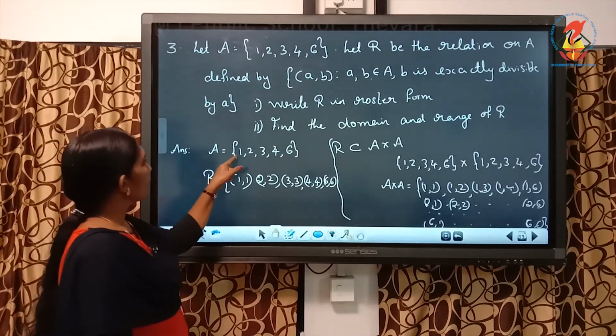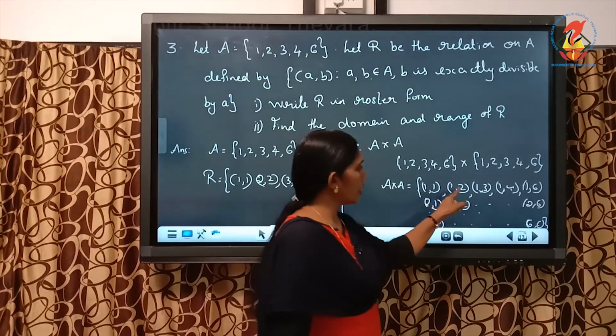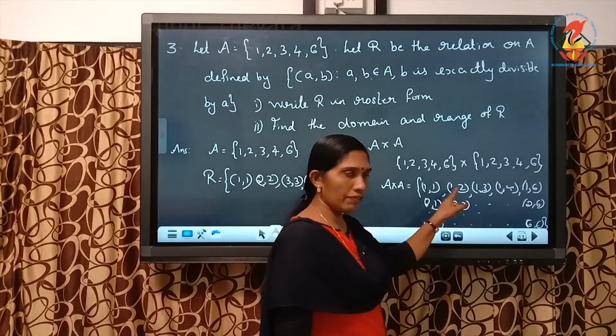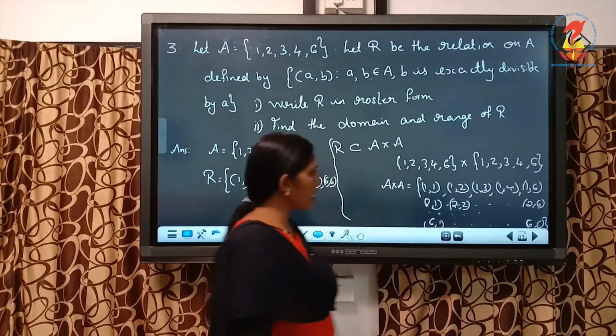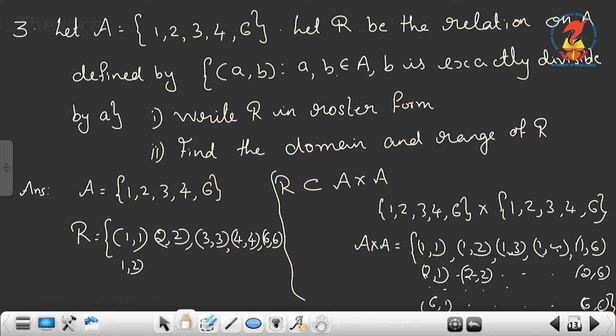Then I can write (1,2), since 2 is divisible by 1, (1,3), (1,4), (1,6). The second number is divisible by the first number. Now I can write (2,4), 4 is divisible by 2.